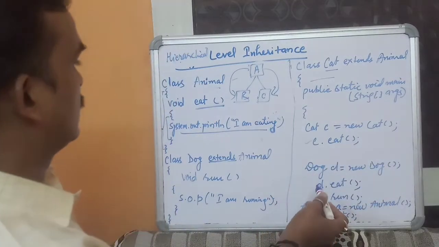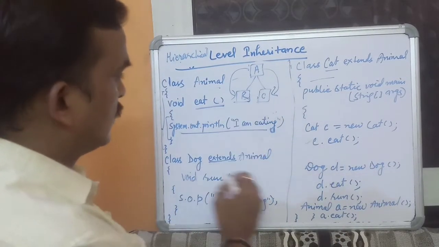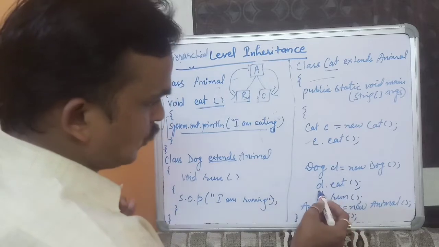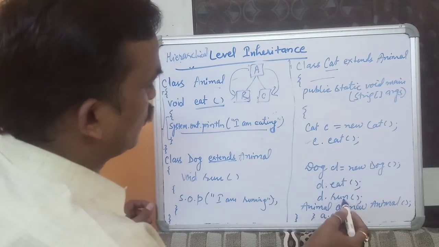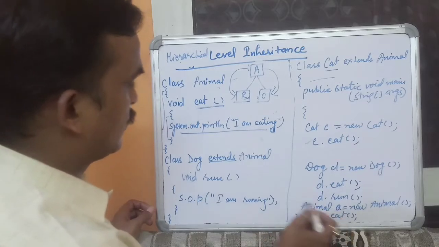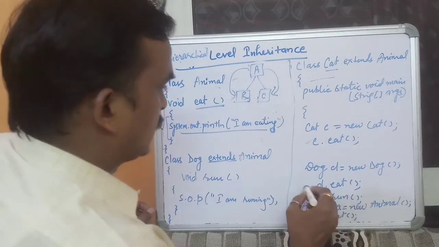Now if we talk about the class B object, class B is a dog. So here we are using the dog object D. D dot eat is quite right. D dot run is also quite right because it is its own class method. So both are quite right.